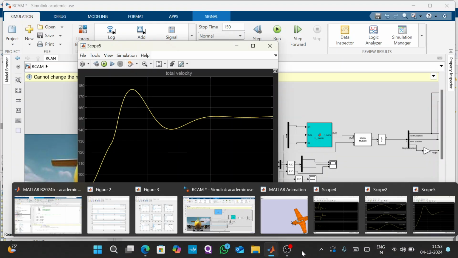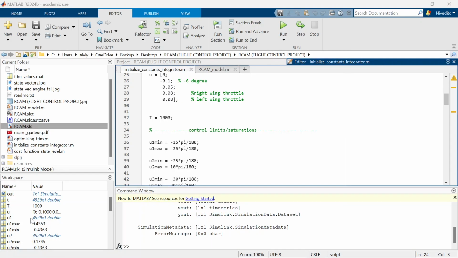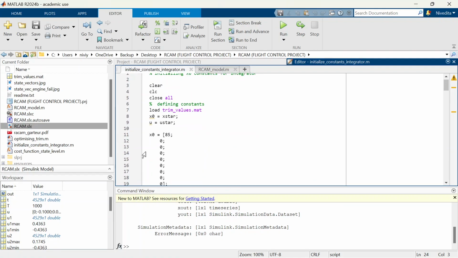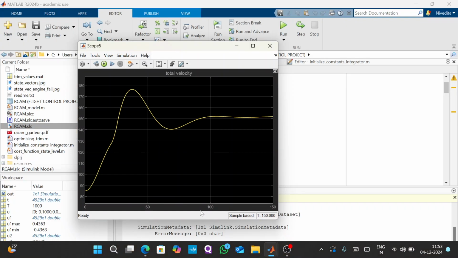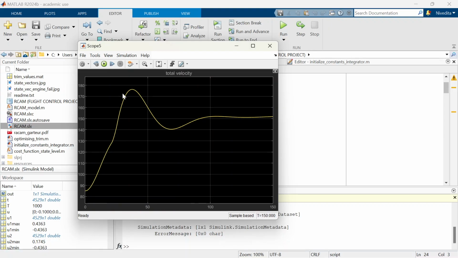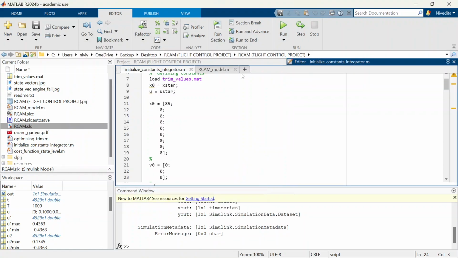We have inputted in the code that x is 85, so it starts from 85, and the maximum it's reaching is 175 or 177 velocity, and the constant speed it's maintaining is 150. I can say it like that.